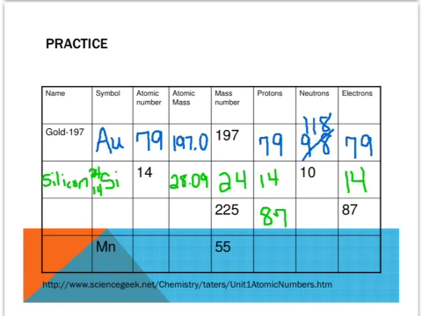If it has 87 protons, then we have an atomic number of 87. Now all we have to do is go to the periodic table, find number 87, and number 87 is francium, or francium, depends on who you're talking to.